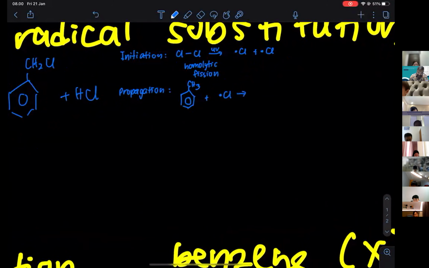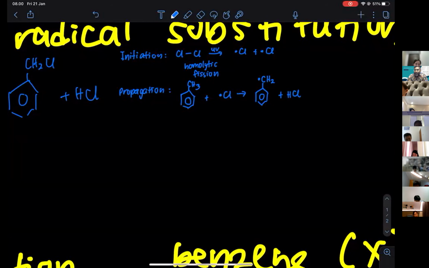The hydrogen is removed, and you get this CH2 dot, so this becomes a new free radical, and you will have HCl.